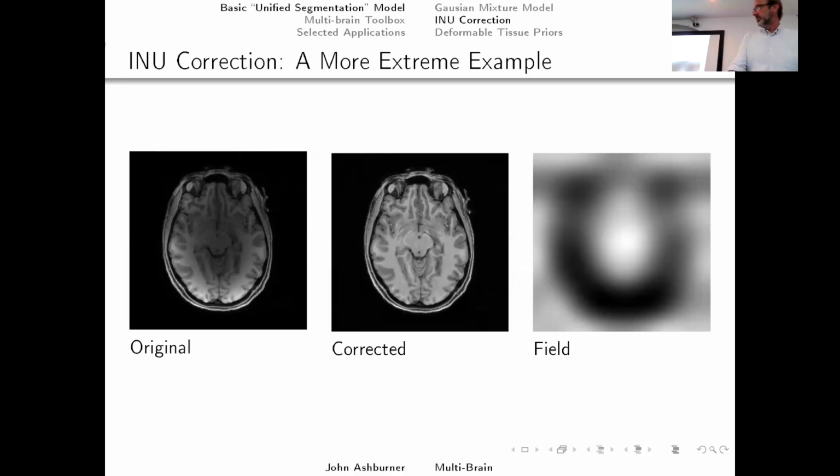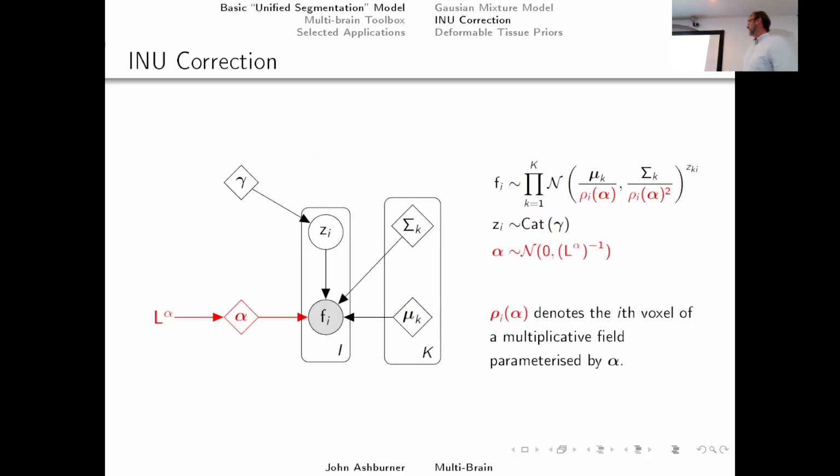Here's another example: the original image, the corrected image, and a bias field, or intensity non-uniformity field, which is the exponential of a linear combination of smooth spatial basis functions. So this is bias correction, another part of the model.